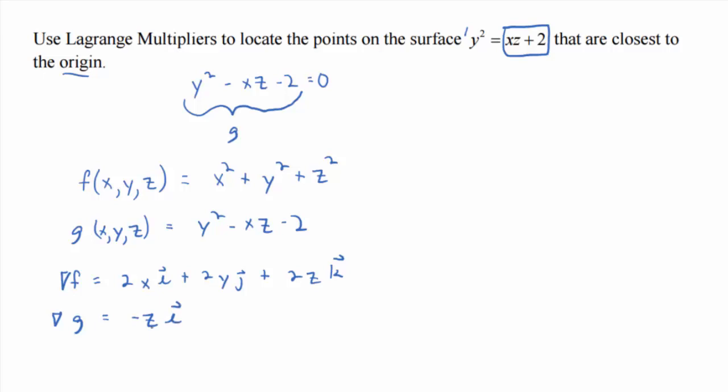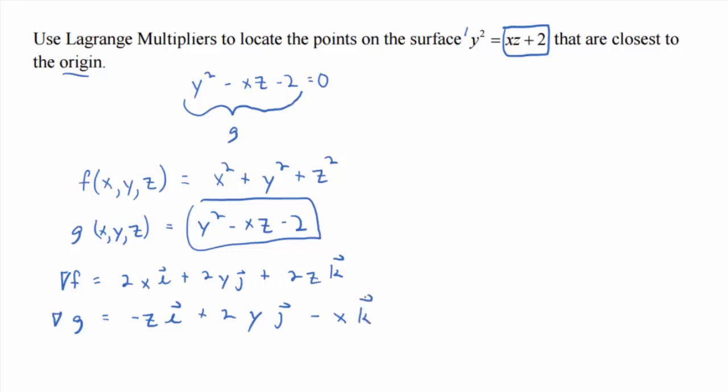So that's your i component. And then your partial with respect to y would just be 2y, wouldn't it? So that's your j component. And then your partial, actually it's minus. Your partial with respect to z would be just minus x, right?